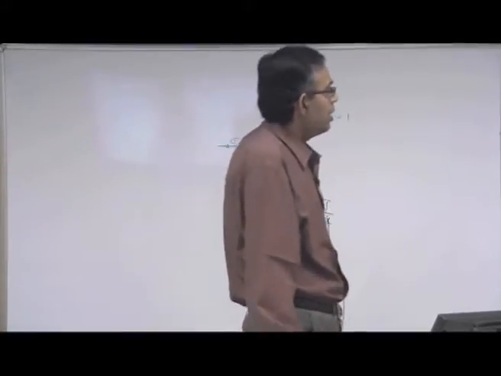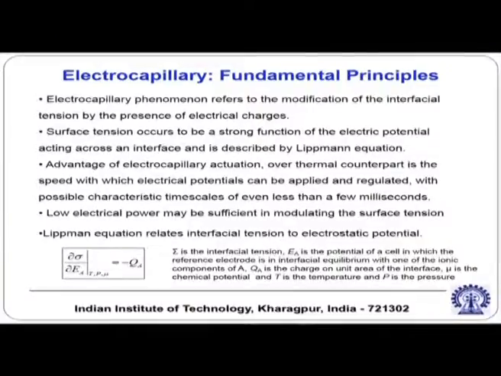Now I was talking about the Lippmann equation. The Lippmann equation relates interfacial tension to electrostatic potential. You can see here that del sigma del E is equal to minus QA, where sigma is the surface tension, EA is the potential of a cell in which the reference electrode is in interfacial equilibrium with one of the ionic components of A, QA is the charge per unit area on the interface, mu is the chemical potential.